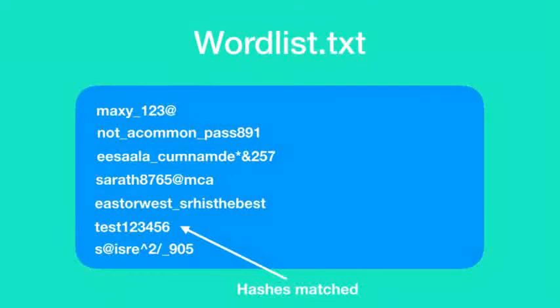Now this attack can be target specific as well, which means you can actually create your own word list targeting a specific individual, provided that you know some basic details about him and assuming that he used his basic details to frame his password. This attack can be a success or a failure based on the quality of the word list that you are using.